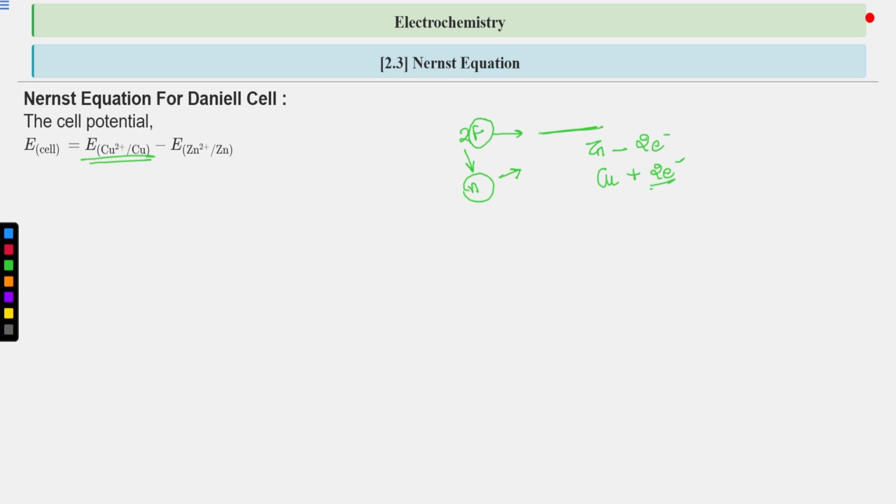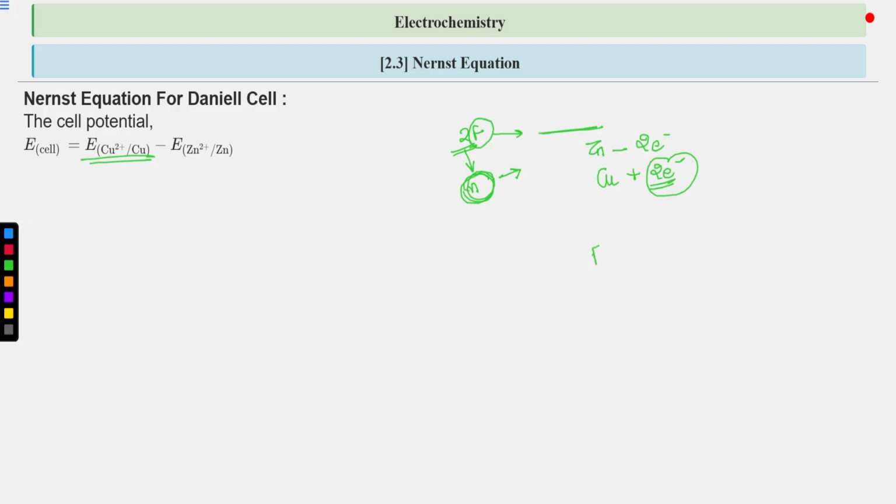That means N equals 2. The number of electrons involved in the redox reaction is 2. That is why we take N as 2, and that is why we have written 2F in the denominator as per the Nernst equation.